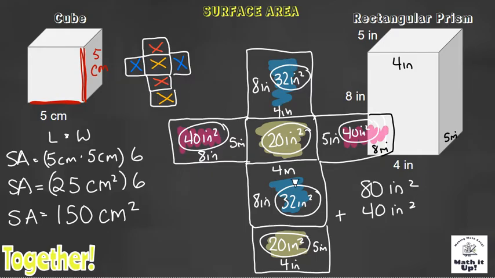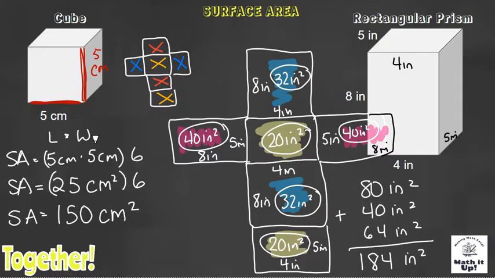And then we have 2 32-inch square sides, and that's going to be 64 inches squared. So in the end, I'm just going to add this up, and my total surface area here is 184 inches squared.